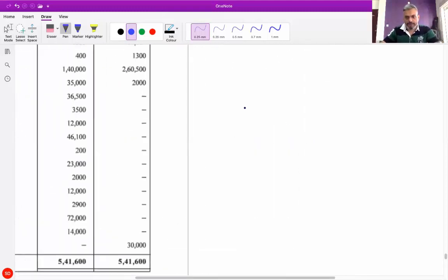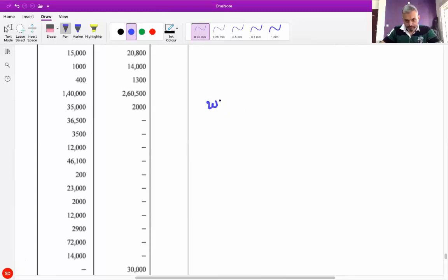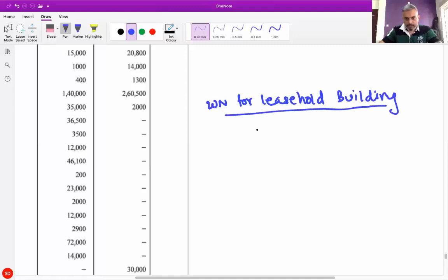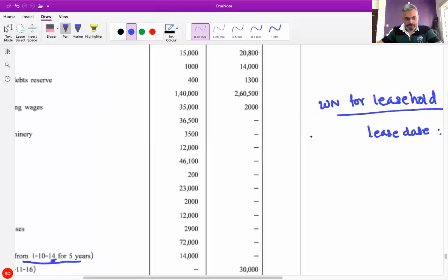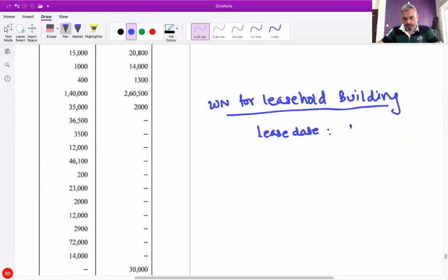So you do a working note for leasehold building. Now our lease date is 1/10/2014.